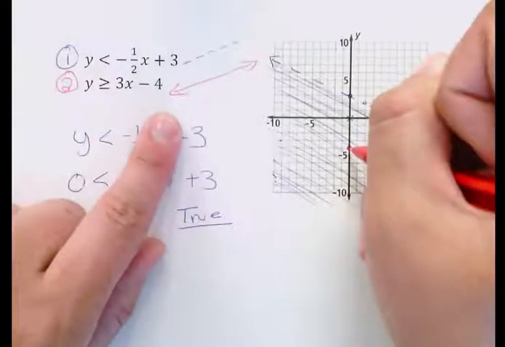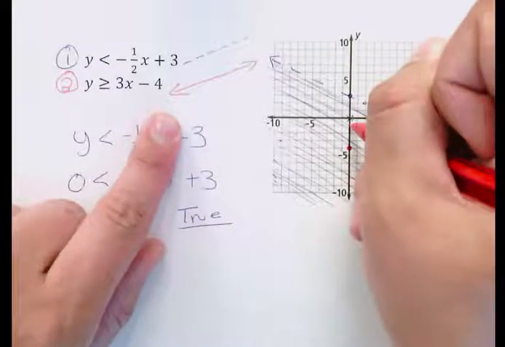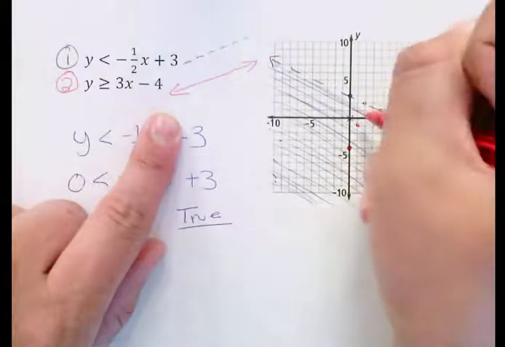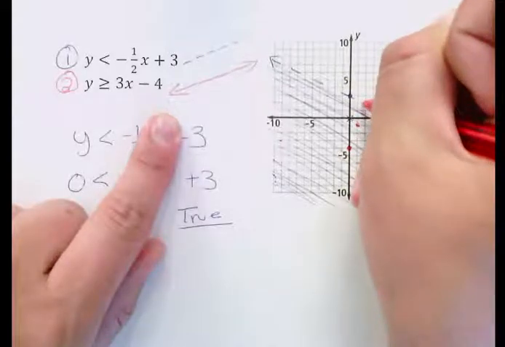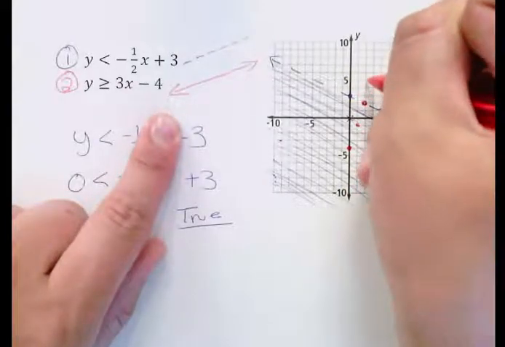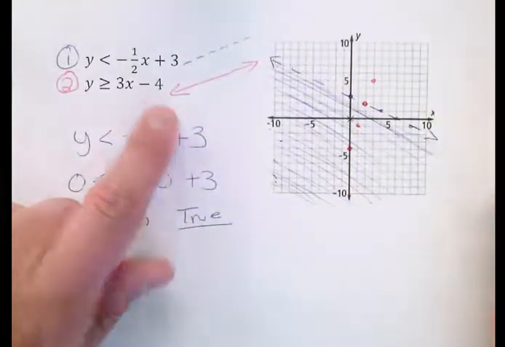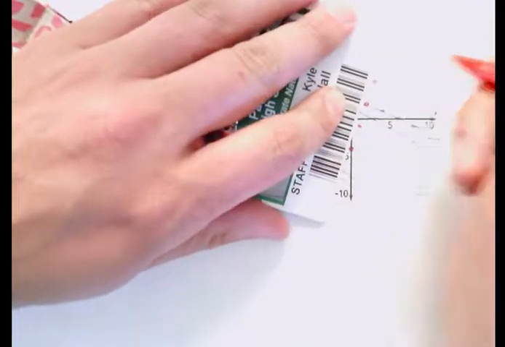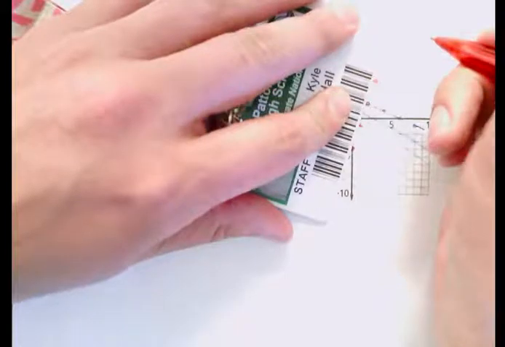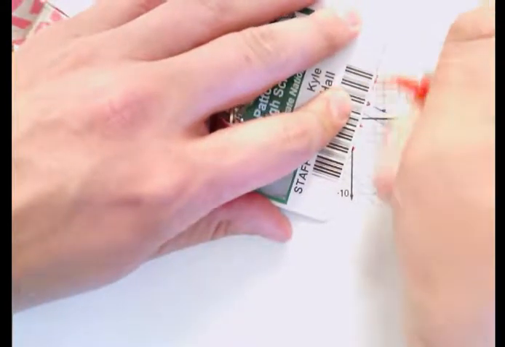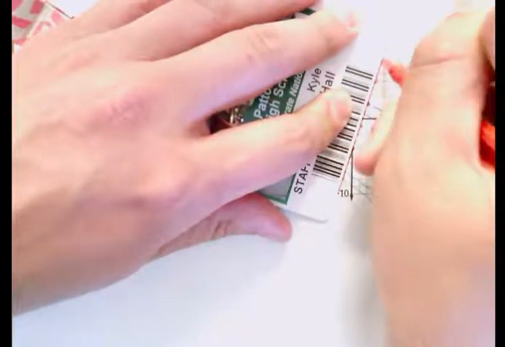My slope of 3 means I'm going to go up 3 over 1, up 3 over 1, up 3 over 1. Once I have a few points, I take something straight like my D, line them all up, and make a solid line.